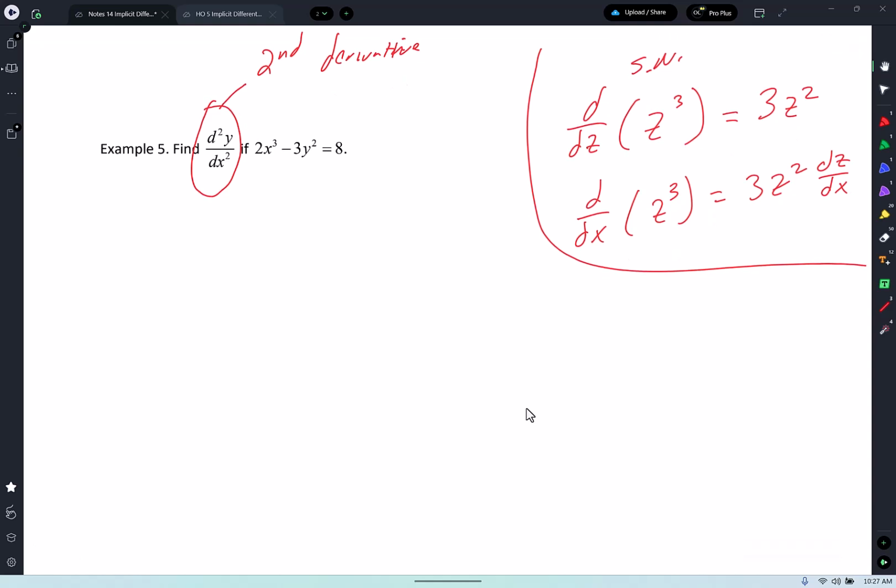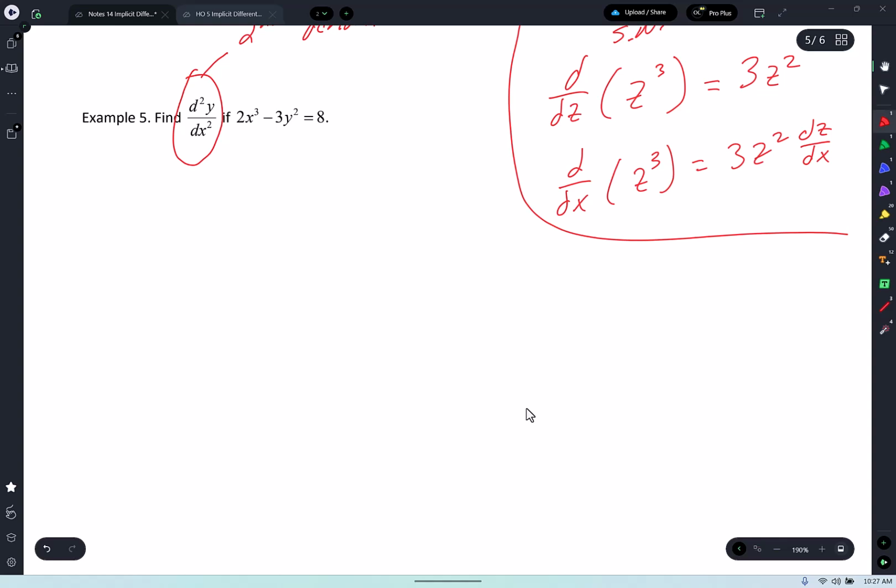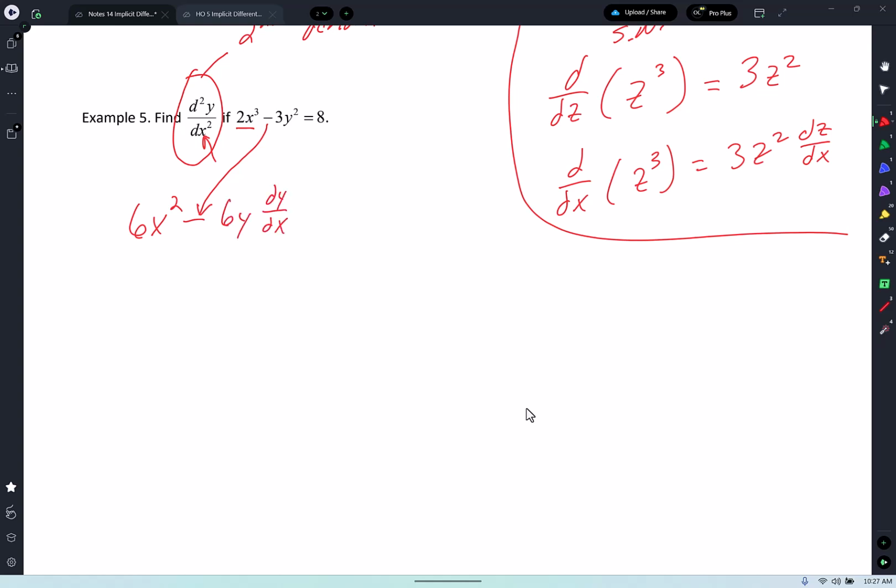I'm taking the derivative with respect to what letter? X. So, what's the derivative of 2x cubed? Perfect. Minus, that minus is this minus. What's the derivative of 3y squared with respect to x? Perfect. Equals, what's the derivative of 8? 0. I'm going to solve for dy/dx. So I'm going to move the 6x squared to the right.